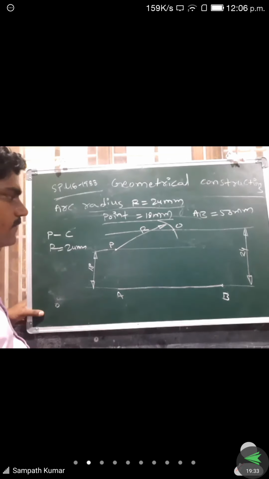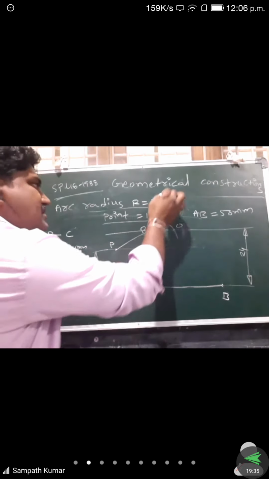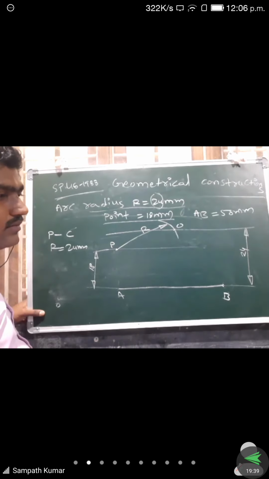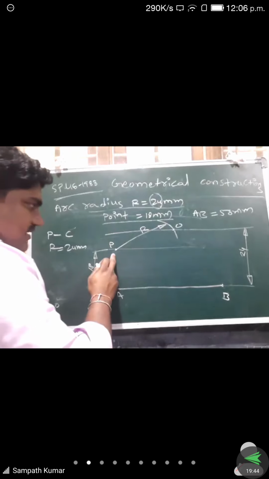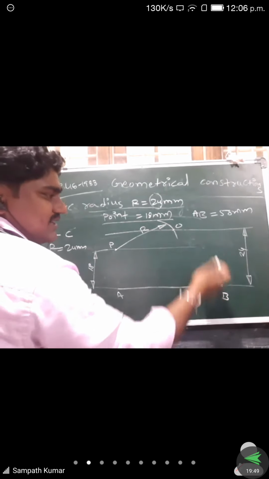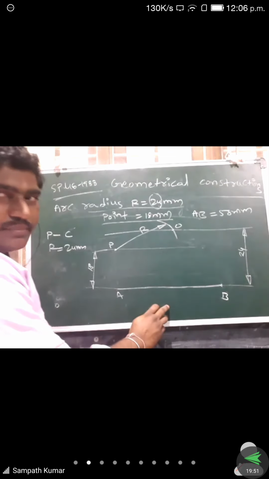Take P as a center, 24 mm as a radius, and draw the arc on the line at a distance of 24 mm from the baseline.